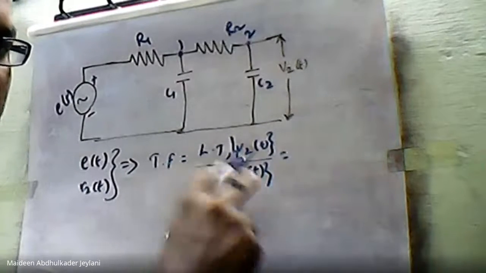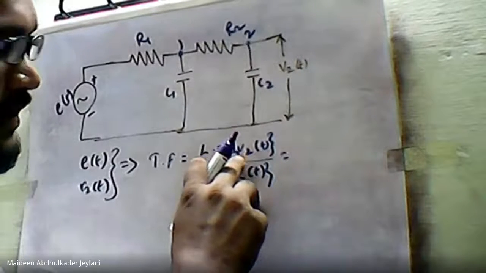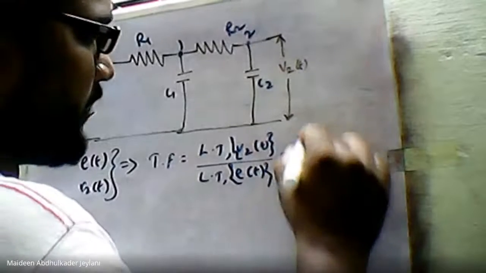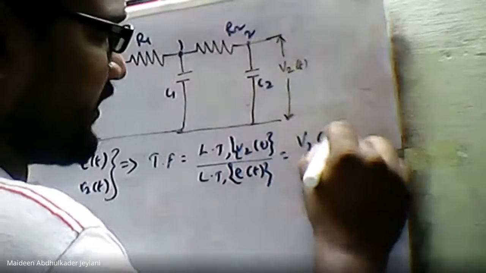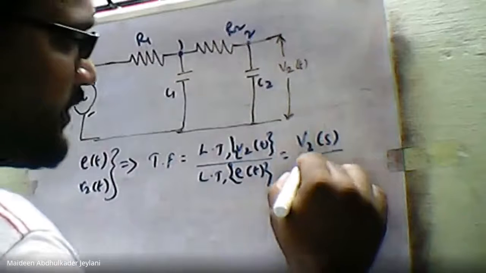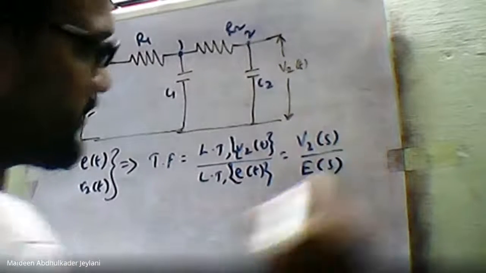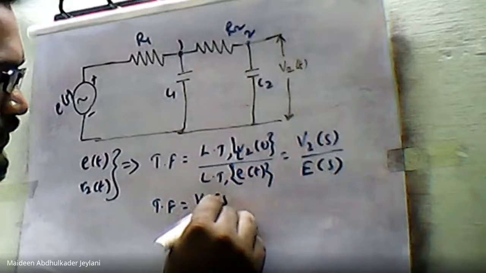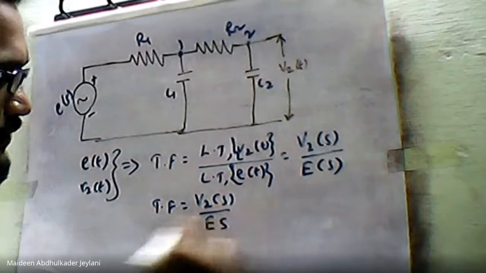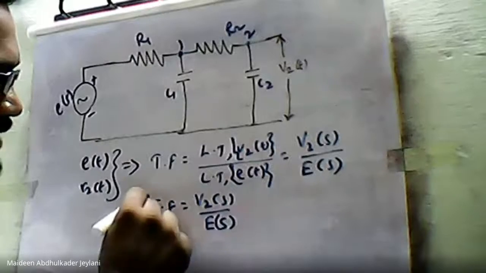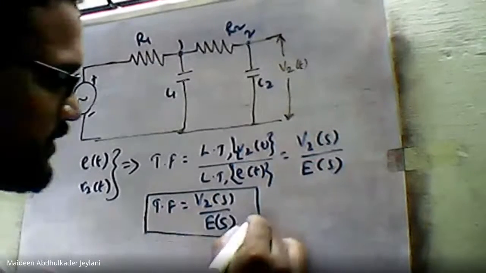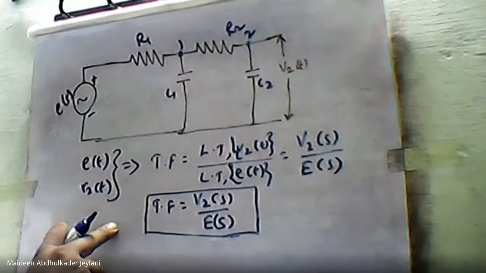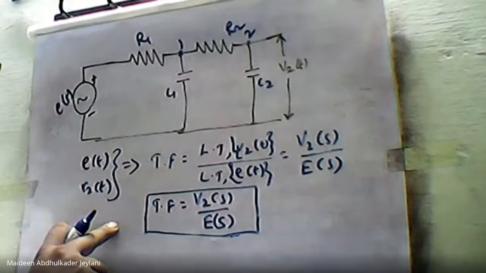As I said in the first class, when you take a Laplace transform of a t domain equation, you will get an s domain equation. So the transfer function equals V2 of s divided by E of s. This is our ultimate aim: to find the transfer function for the given electrical network.